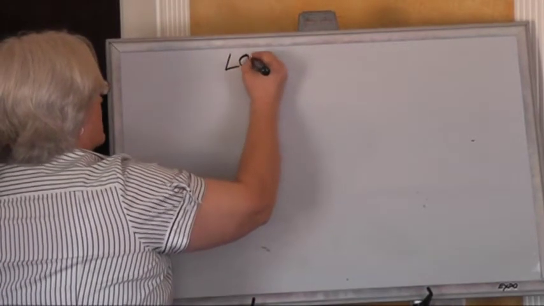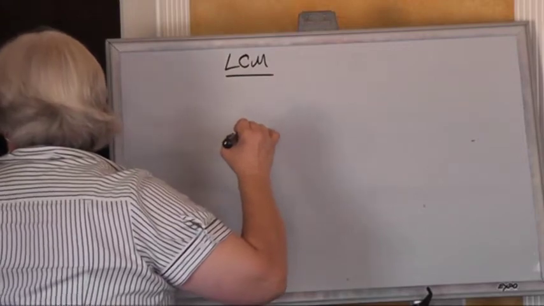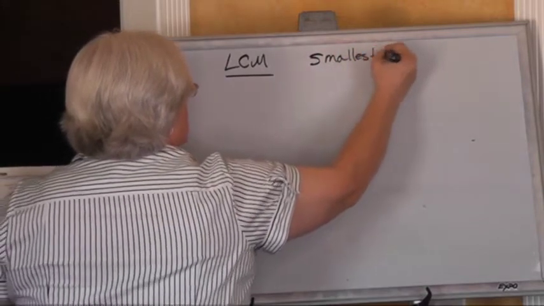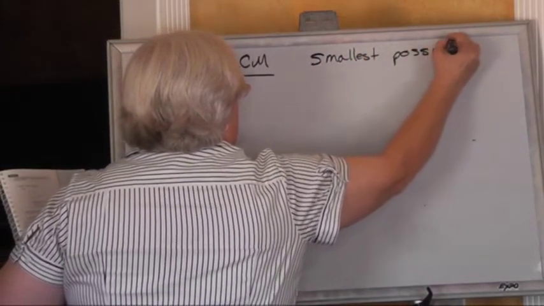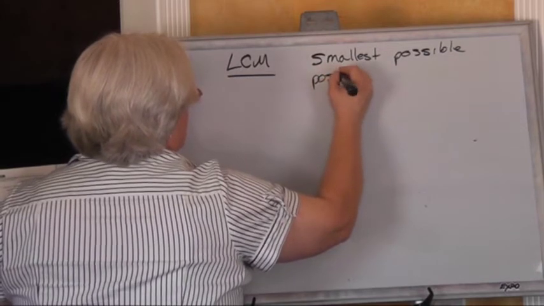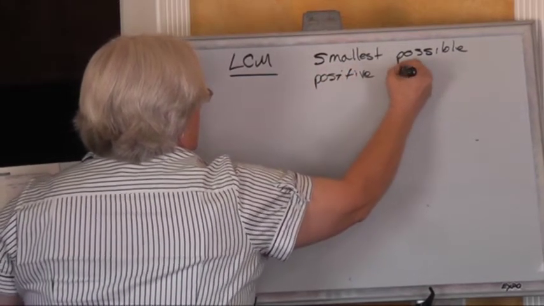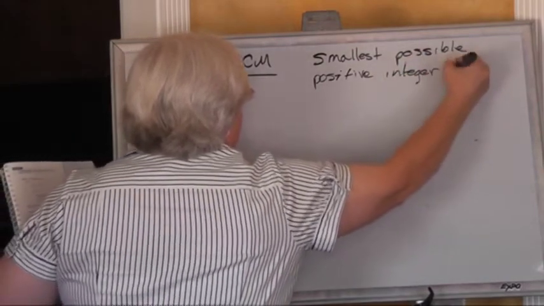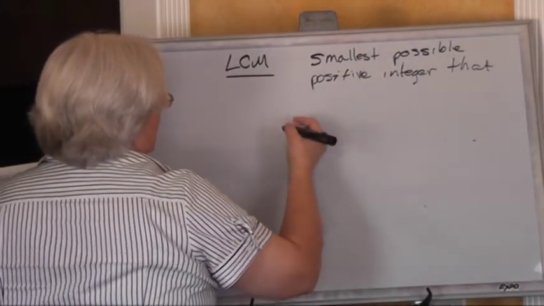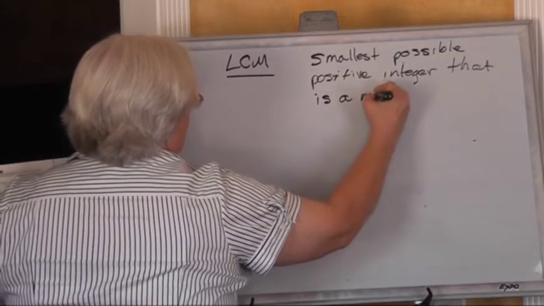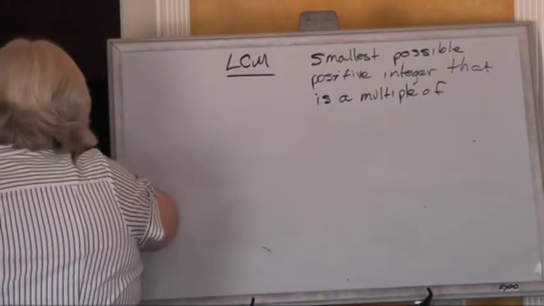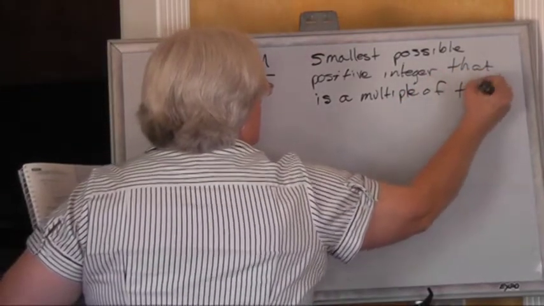Least common multiple on page 37 says this is the smallest possible positive integer that is a multiple of two other integers, or two other numbers.